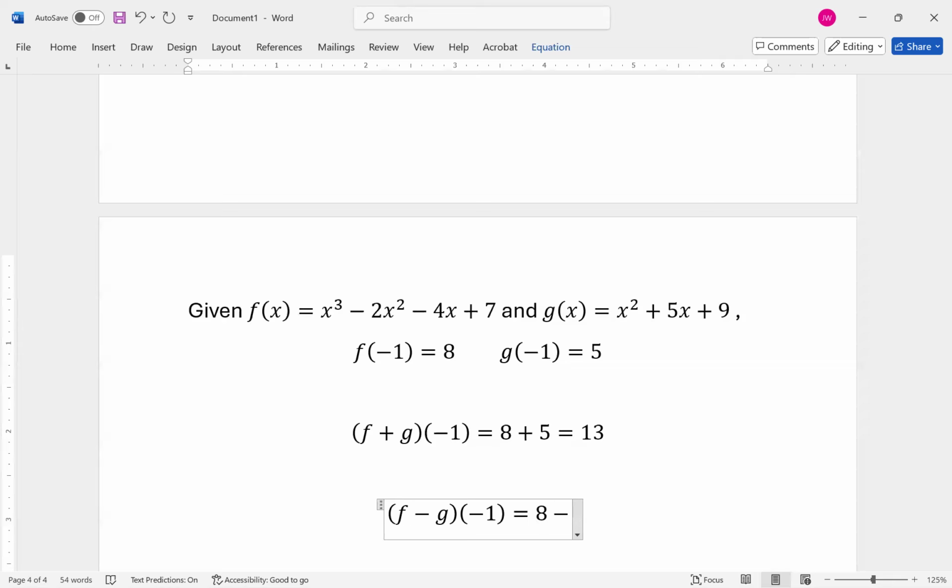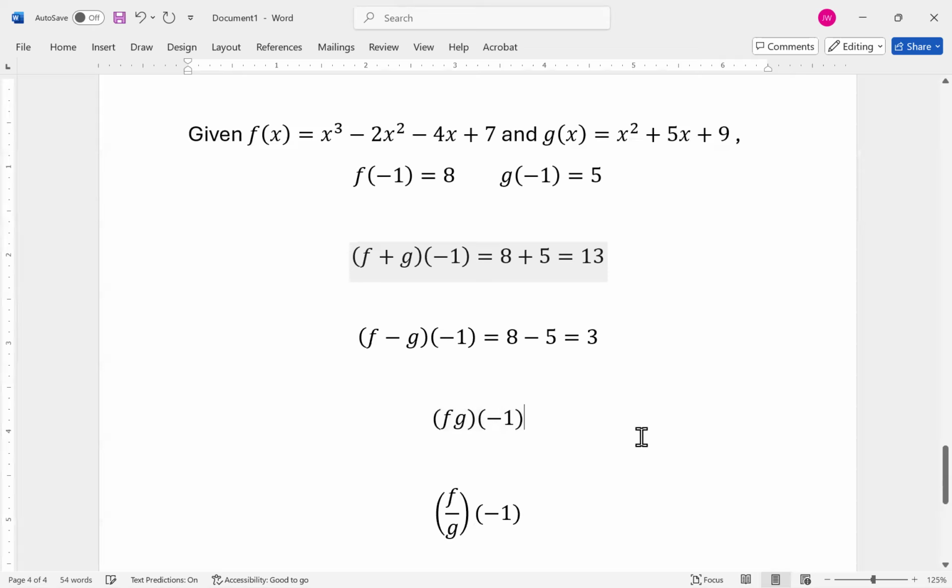G of -1 was 5, so that's going to be 8 minus 5, which is a positive 3. F times g of -1, again, f of -1 is the number 8. G of -1 is the number 5. F times g of -1 is 40.